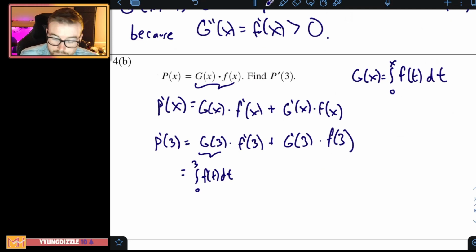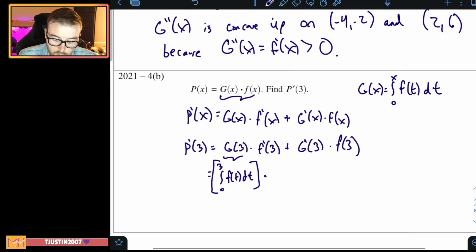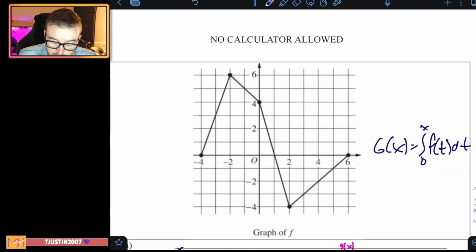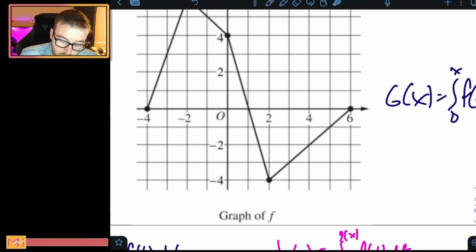That's g of 3. So you're going to take the answer to this and multiply it by f prime of 3. Well, what is f prime of 3? F prime of 3 is the slope of f at x equals 3. So here's x equals 3. What is the slope of f? Well, the slope of this entire interval is up 1 over 1, up 1 over 1, up 1 over 1.